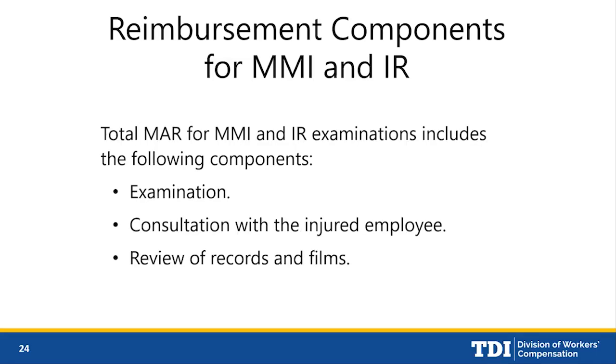And your total for the maximum allowable reimbursement is going to include the following components. So you have the examination, the actual physical examination of the injured employee, the consultation that you have with that injured employee, as well as your review of the records and the films. So you spend time on every one of these components, and your reimbursement should be reflective of that.